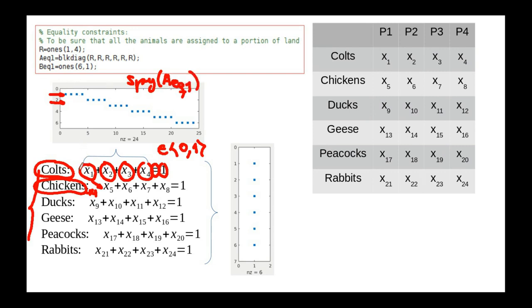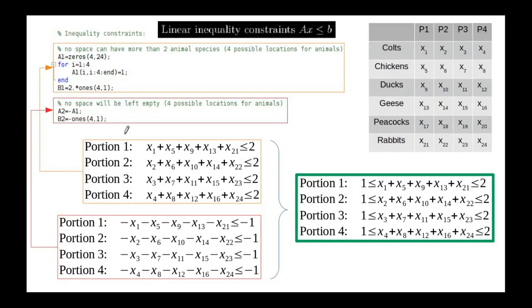As you can see here, I have a coefficient of 1 for x1, that's this element. I have a coefficient 1 for x2, that's this element, x3, this element, and x4, this element.